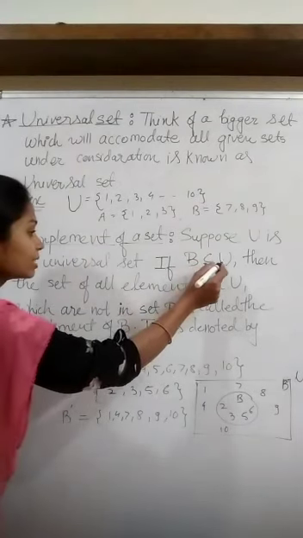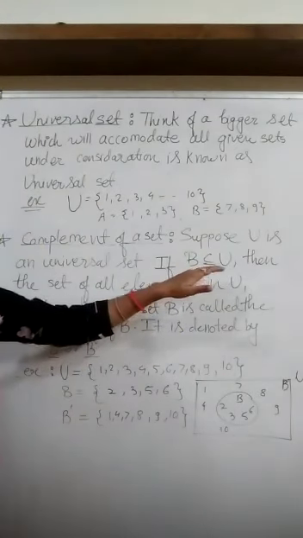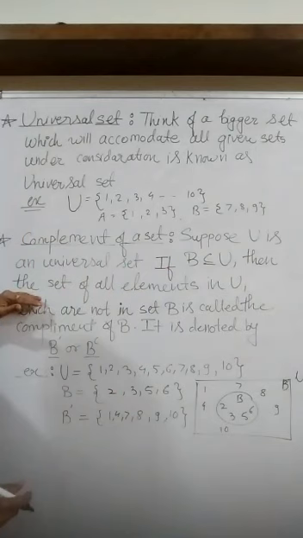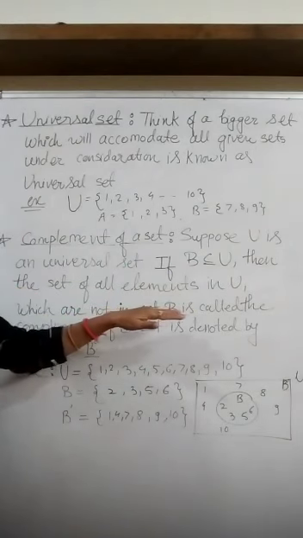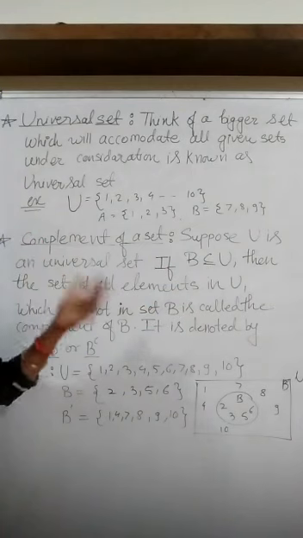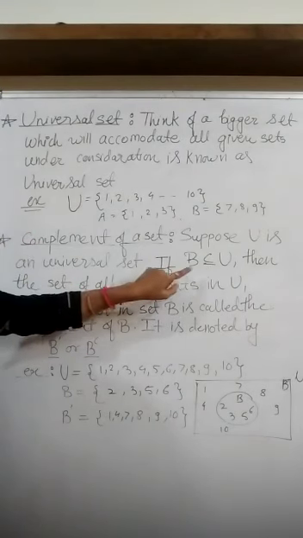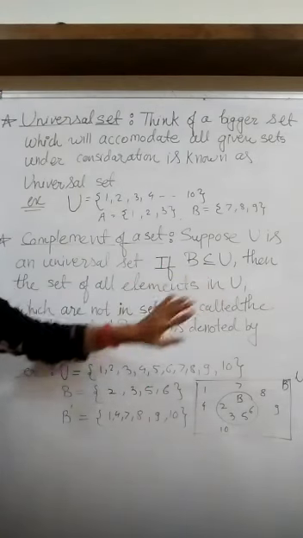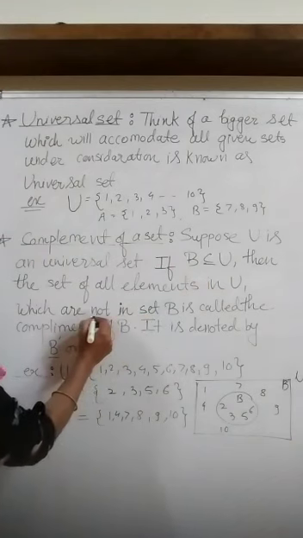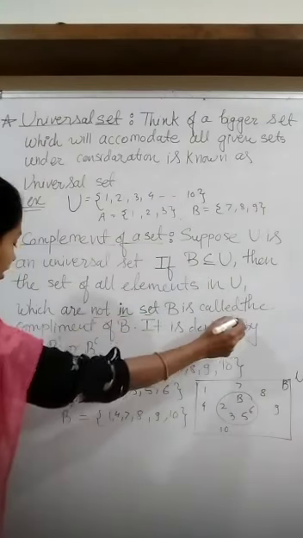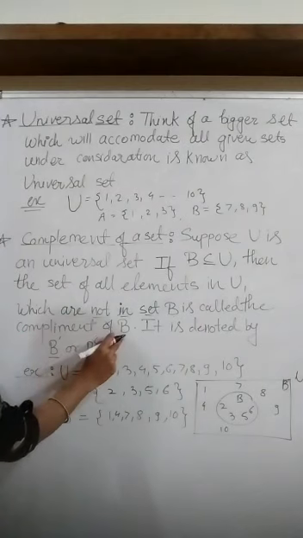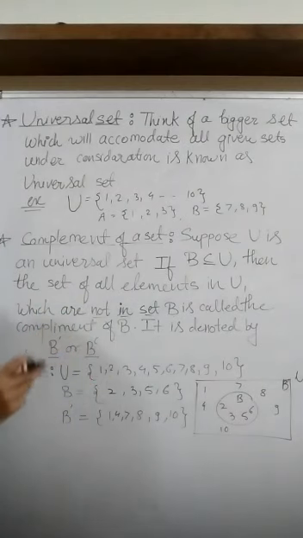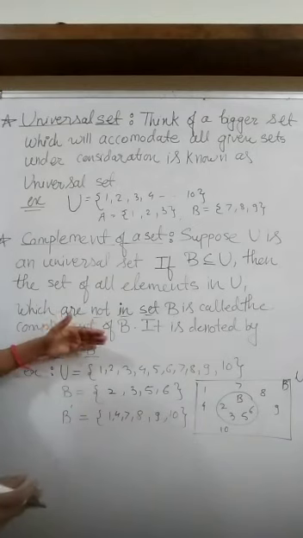If B is a subset of U, अगर B के एलिमेंट सेट U में है तो then the set of all elements in the set U which are not in the set B. First thing, B should be a subset of the set U, and then the remaining elements of the set U which are not in the set B is called the complement of the set B. यानी जो भी यूनिवर्सल सेट के बचे हुए एलिमेंट्स है जो कि सेट बी में नहीं है, तो बचे हुए एलिमेंट के सेट को हम कहेंगे बी का कॉम्प्लीमेंट.